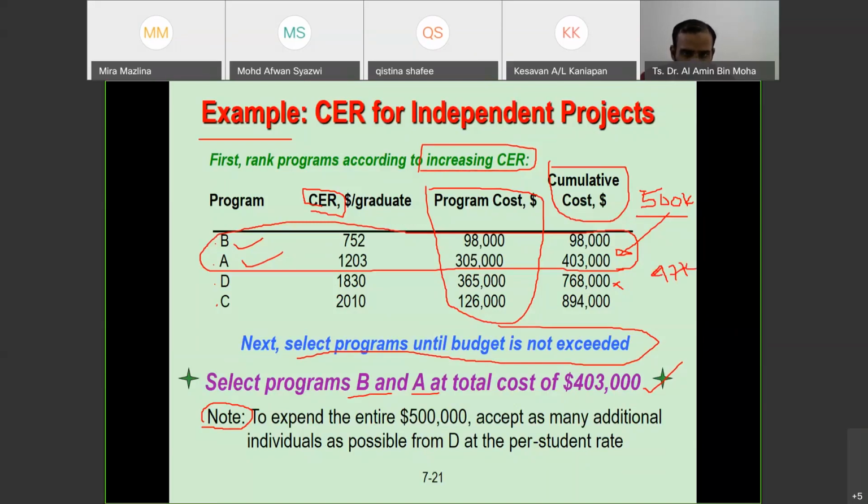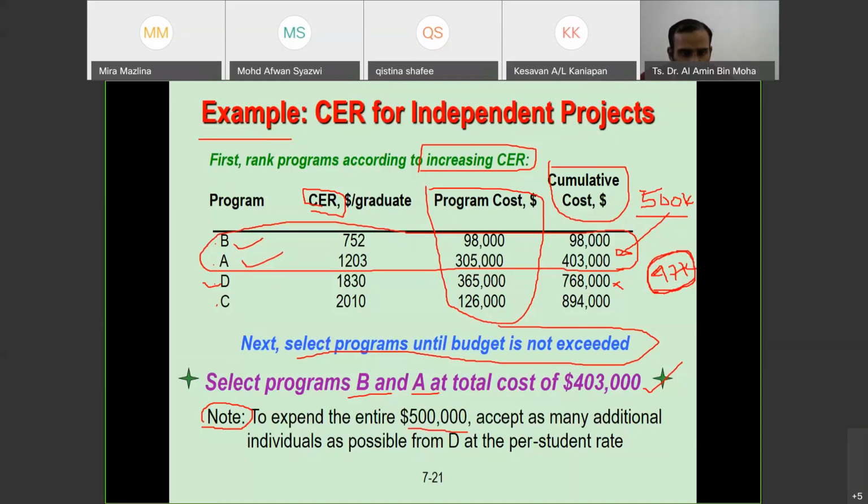So they say you can also take D, but not all, maybe up to certain numbers until you sufficiently cover this 97K, to expend the entire 500,000.